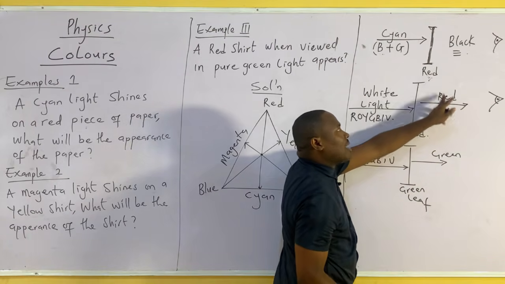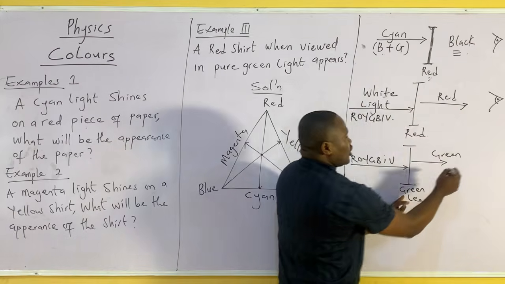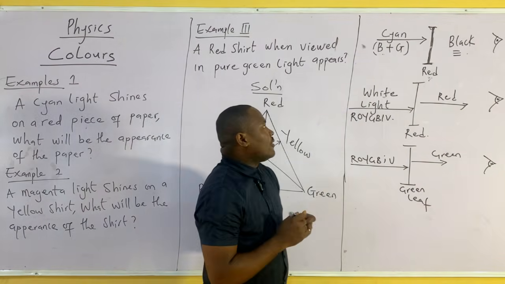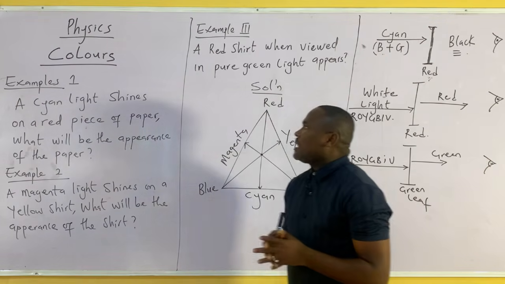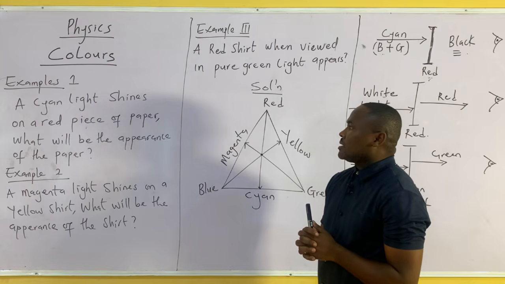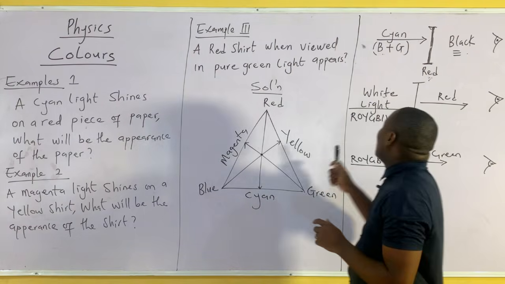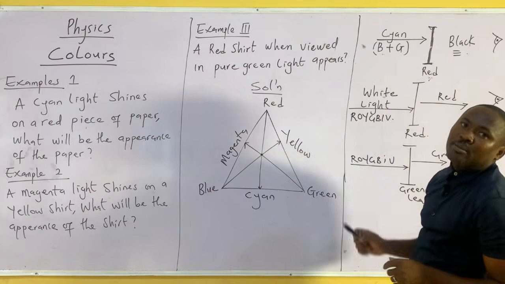Red will allow red to pass. Red will not allow blue nor green to pass. So the observer will see green. So for question number one, a cyan light shines on a red piece of paper, the observer will not see any color, hence it will appear black.